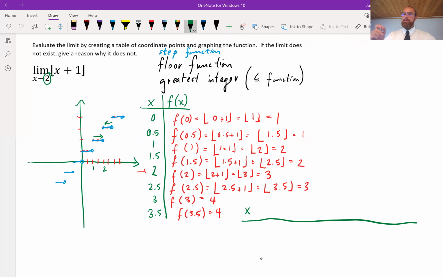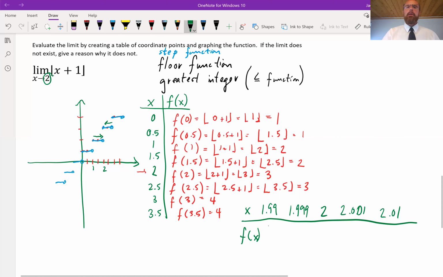Is there a number that's the same as we come to the left towards 2 and from the right towards 2? But let's see. So 2, 1.999, 1.99, 2.001 there on the right, and 2.01. So I'm going to bump over to the calculator just to show you where the floor function is listed there, and we'll create this table there.